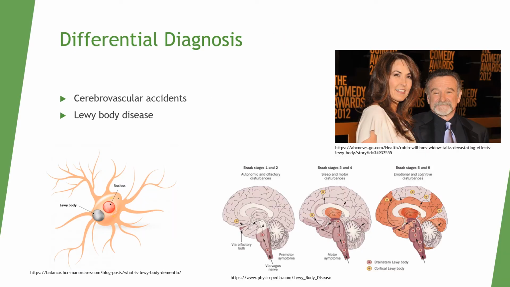Differential diagnosis to an observation of Alzheimer's disease-like presentation includes cerebrovascular accidents like stroke and other neurodegenerative diseases along the spectrum of dementia, such as Lewy body disease.